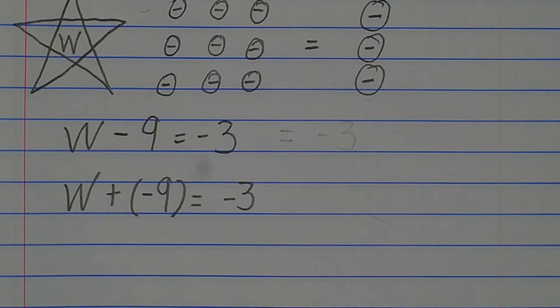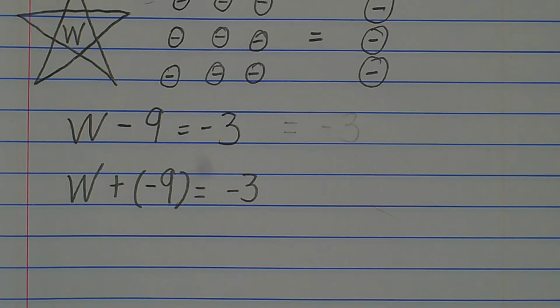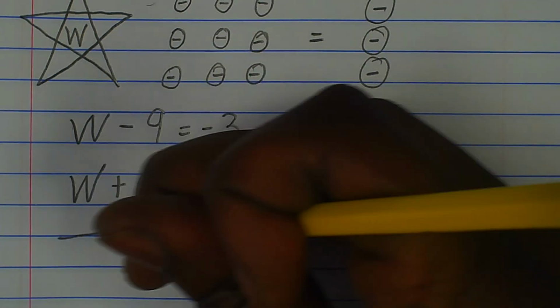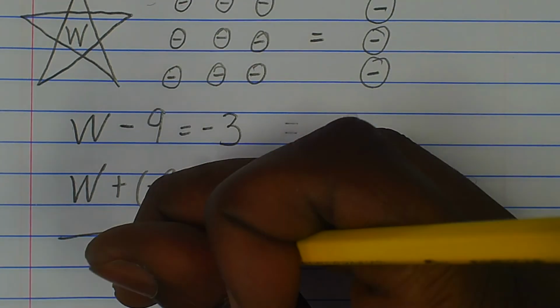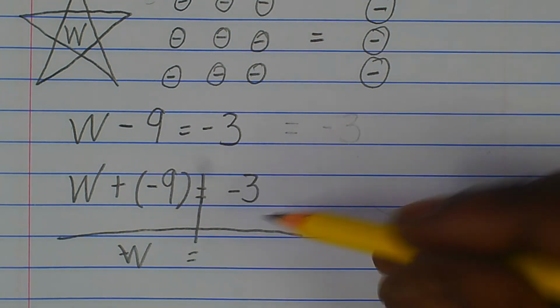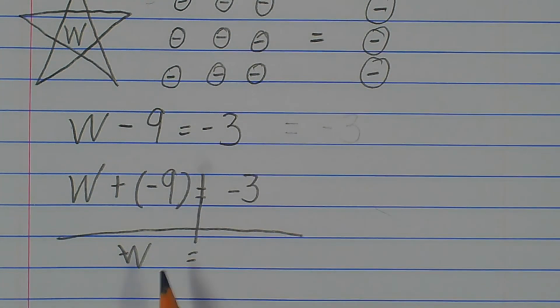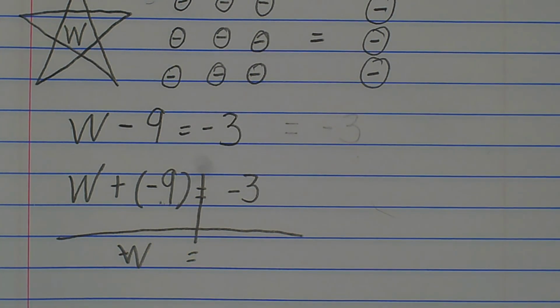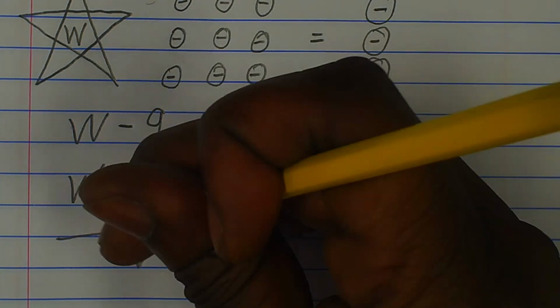Okay? So now here, of course, we can split the equation. And we'll have W here. And of course, that's going to equal whatever we get from this side. So now, if we wanted to get rid of this negative 9, how will we get rid of this negative 9? Put a positive 9.